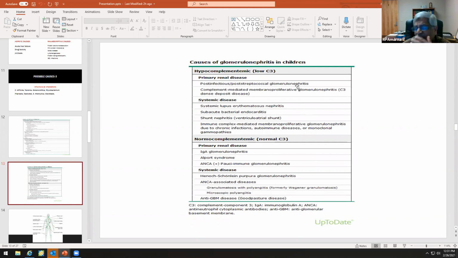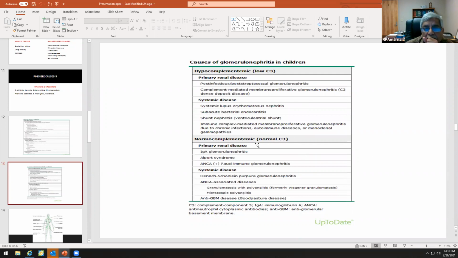Obviously, streptococcal glomerulonephritis can be a temporary issue, but complement-mediated membranoproliferative glomerulonephritis tends to be a chronic condition. And the systemic causes, systemic lupus, SLE, or subacute bacterial endocarditis, nephritis due to shunt malfunction, or immune complex membranoproliferative disorders can also cause this problem as well.